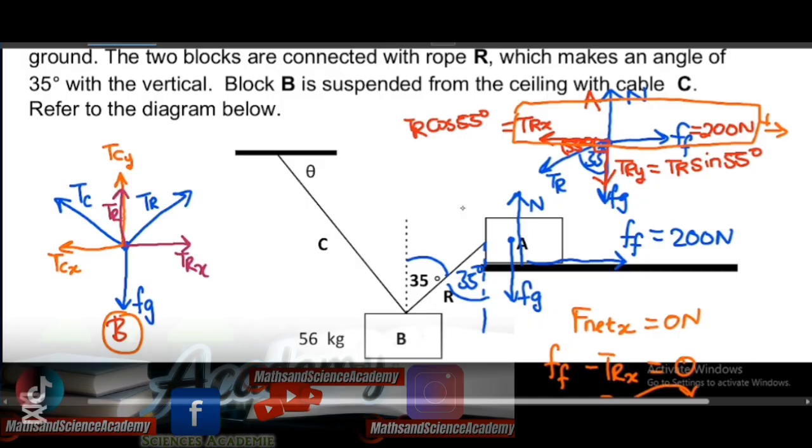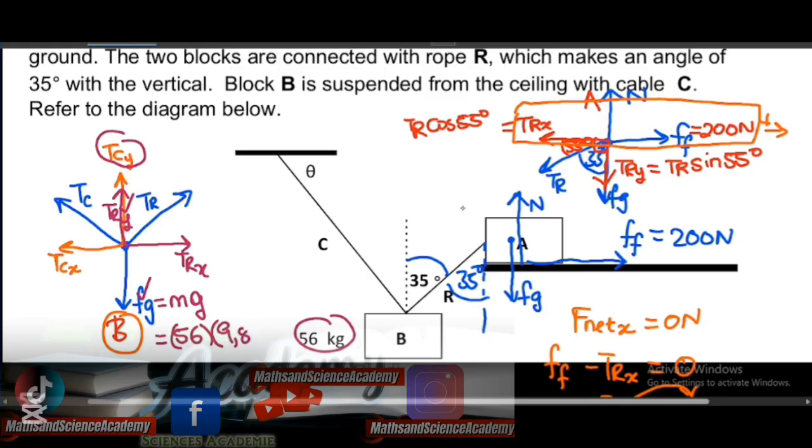Now remember, we are looking for the vertical component. We are looking for this component here, and we have to find 1, 2 in order to find this one. But this one is easy to find. We know that Fg is equal to mass times gravitational acceleration, and we already know that our mass is given as 56 kgs. So we'll say 56 times 9.8 meters per second squared.